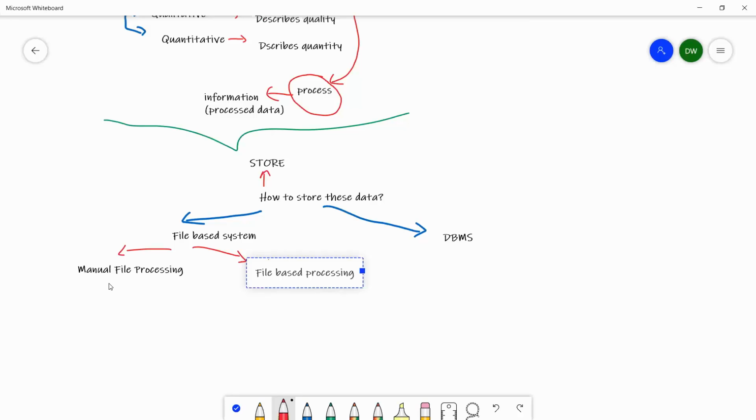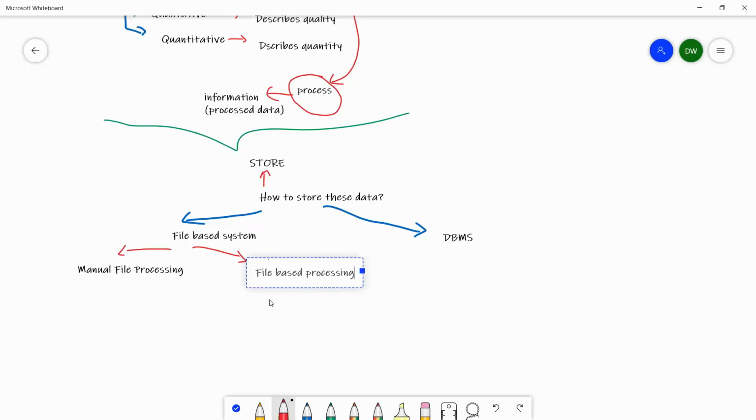If you write certain things on paper or if you print certain things on paper, that means your data or information are written or printed on those papers. So you have a number of files with you. For that we call it manual file processing. In our offices also we have a number of files, a number of documents, and we will have to maintain those documents as well sometimes, right? So for that part we call it manual file processing.